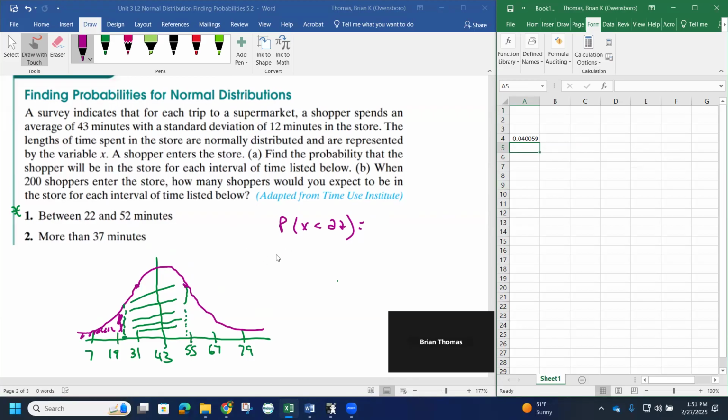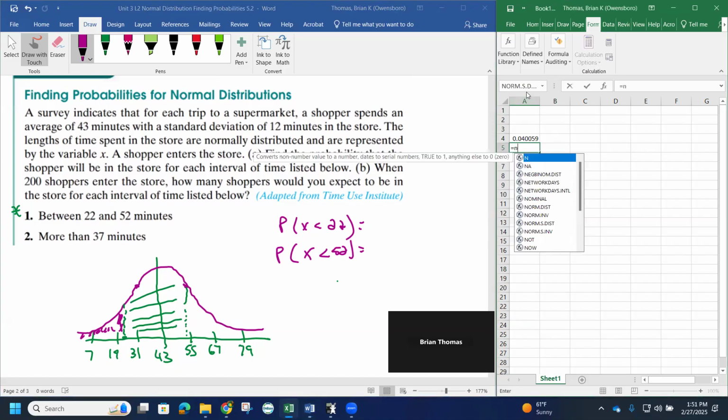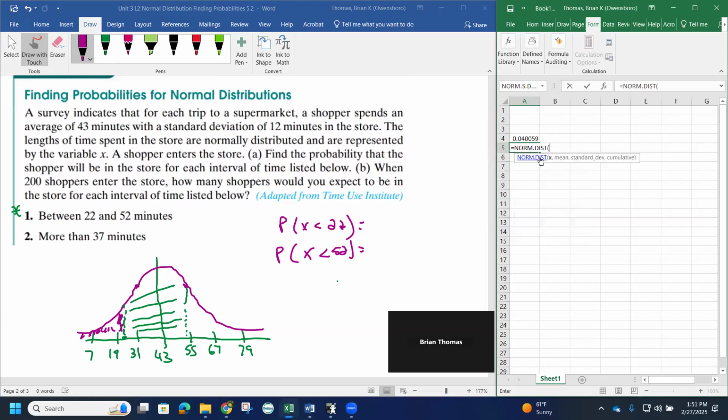Now, the other probability I can do in Excel is the probability of being less than 52 minutes. So I can do that in this next cell here. So equals normal distribution. Looks like I have to double click there. So we want 52 as our sample.